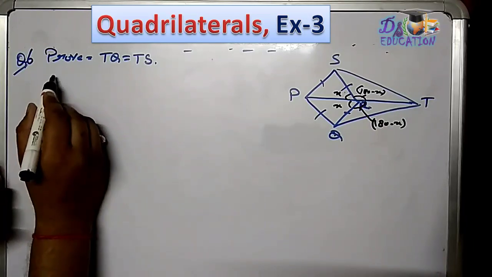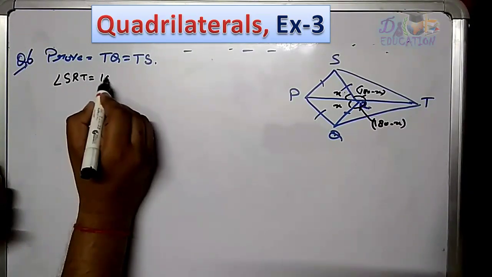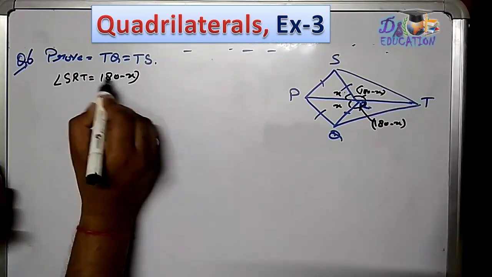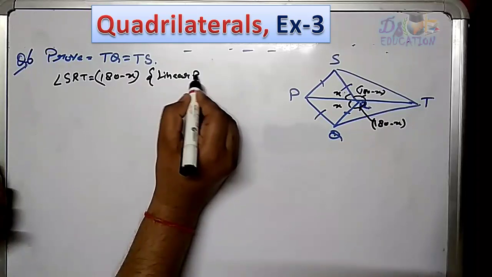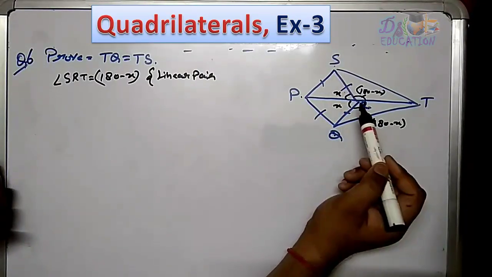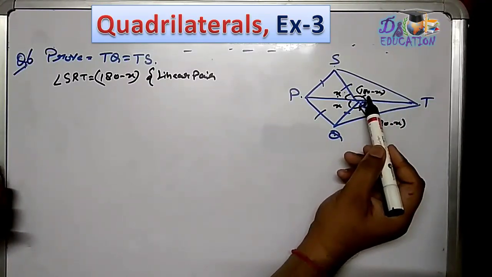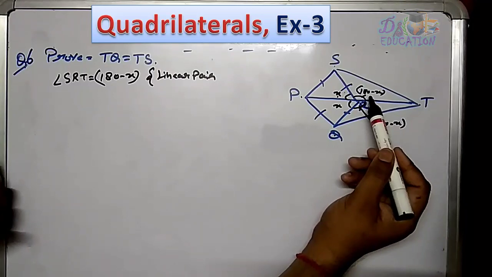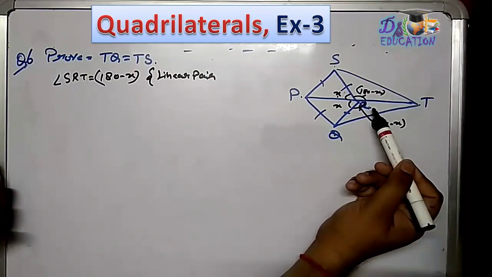Angle SRT is equal to 180 minus x. Why? Linear pair, that is PRS and SRT. These are lying on the straight line. So if this is x, then this will become 180 minus x. Similarly, below also this angle will become 180 minus x.